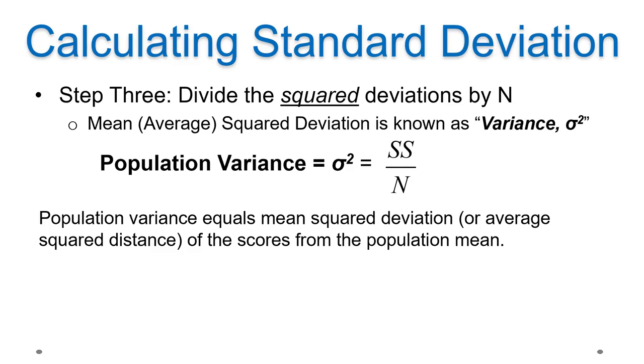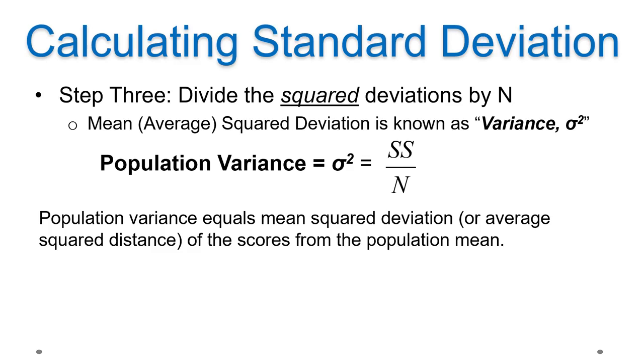Population variance measures variability in squared units. The formula for population variance, sigma squared, is equal to sum of squares, or SS, divided by number of scores, N, or capital N.